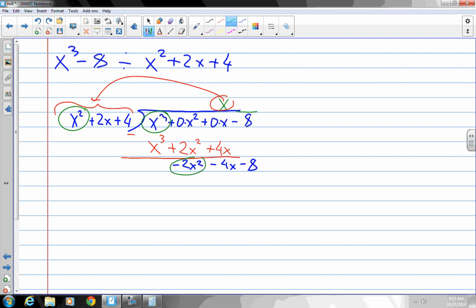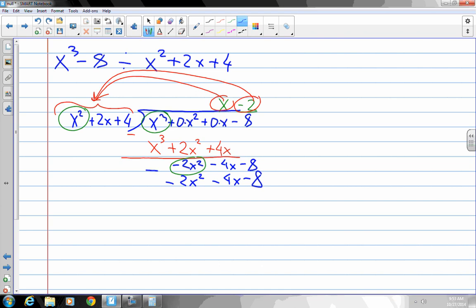Yeah, so again, just divide the first terms. Negative 2x squared divided by x squared is what? Negative 2. So negative 2 goes here. Then we'll multiply negative 2 by our divisor, and we end up with negative 2x squared minus 4x minus 8. Right? Negative 2 times the divisor is negative 2x squared minus 4x minus 8.